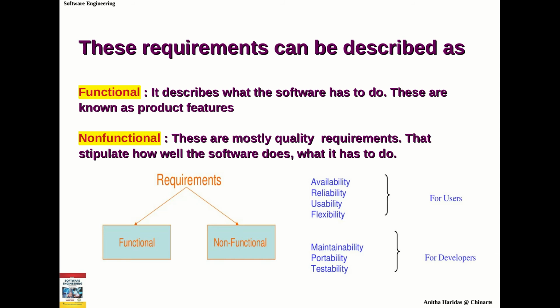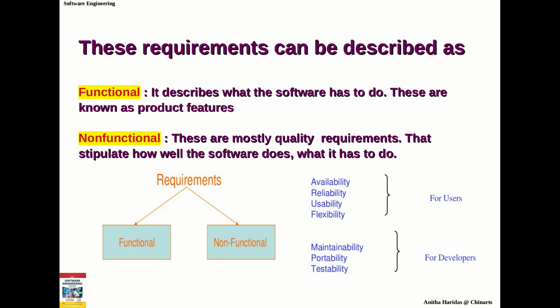For example, when you try to download something from the server, the data or the file can be downloaded within seconds. That means your system has a very low response time when interacting with the end user. Then you can say your system is highly reliable and available, because it comes under the quality requirements.